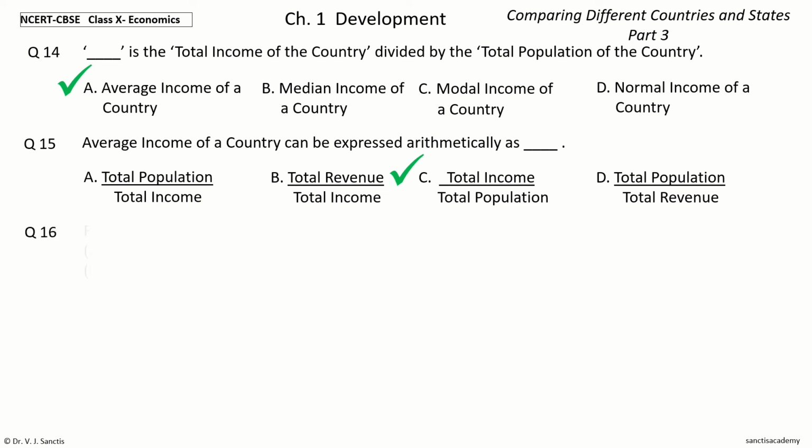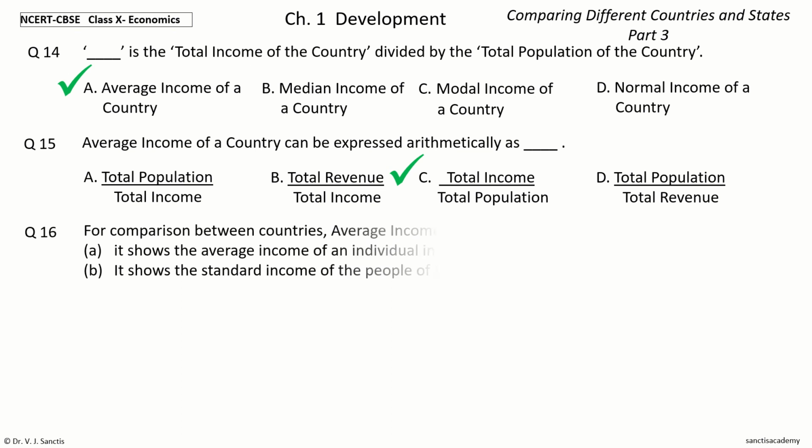Question 16. For comparison between countries, average income is a useful measure because A. It shows the average income of an individual in the country. B. It shows the standard income of the people of the country.